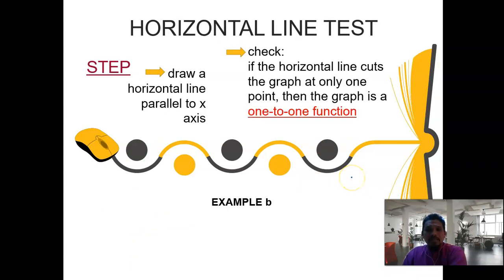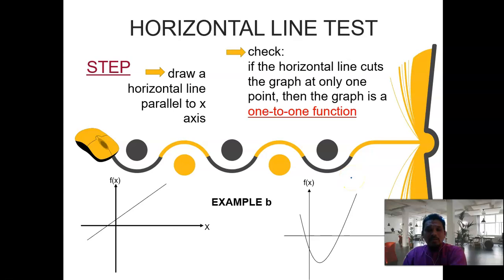So horizontal line test: draw a horizontal line parallel to the x-axis. Parallel to the x-axis means the same direction as the x-axis. Okay, so you can see now this red line cuts the graph at one point. So there's one value of x and one value of y.